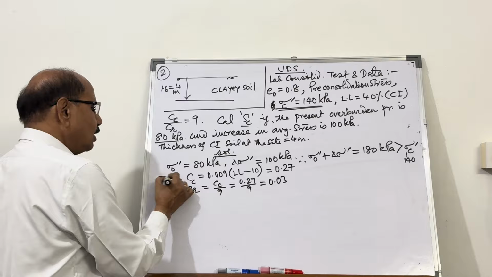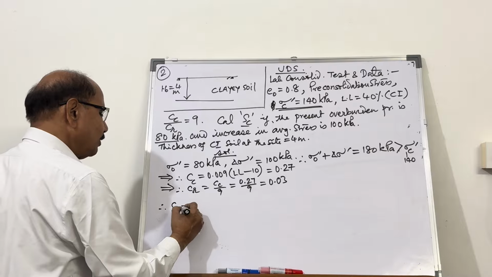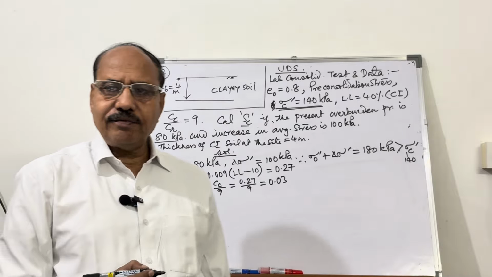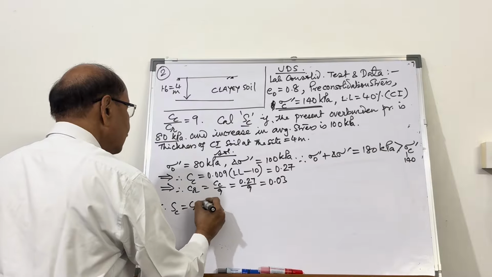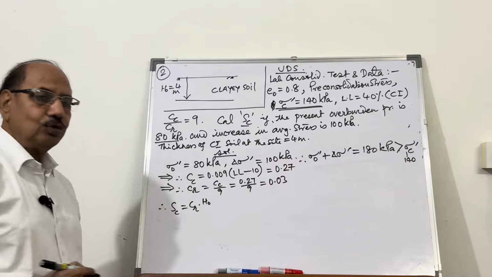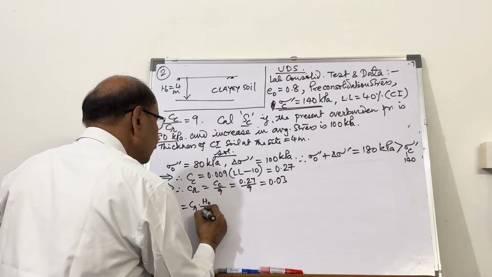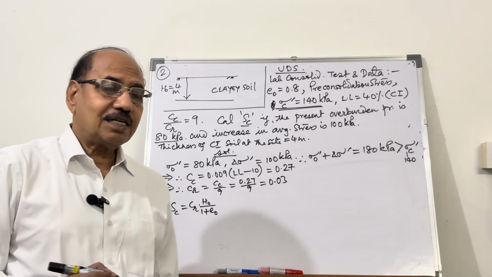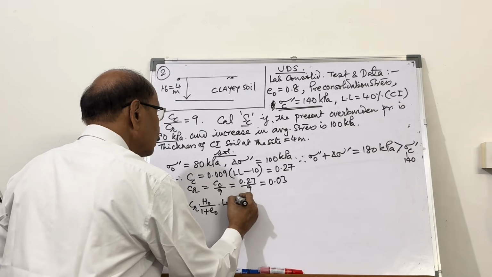So now we have got Cc, we have got Cr, and therefore the consolidation settlement we can calculate in a very simple way. Cr into H naught divided by 1 plus e naught into log of sigma C prime, which is higher.